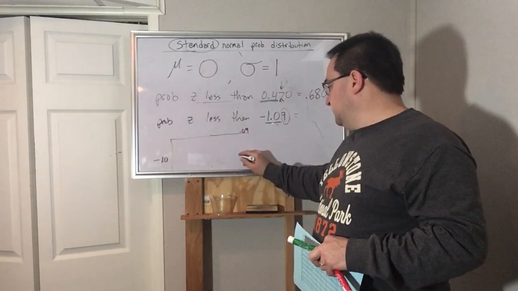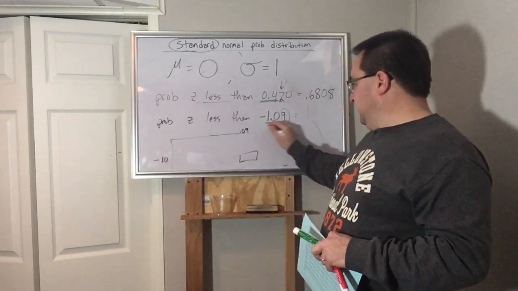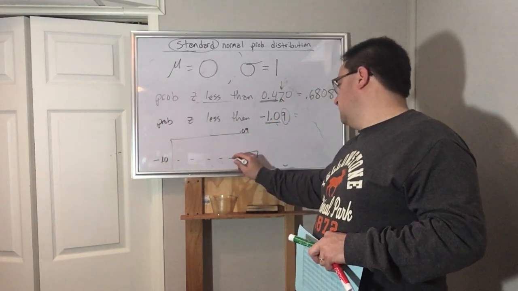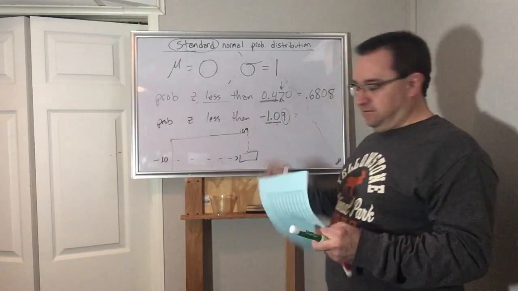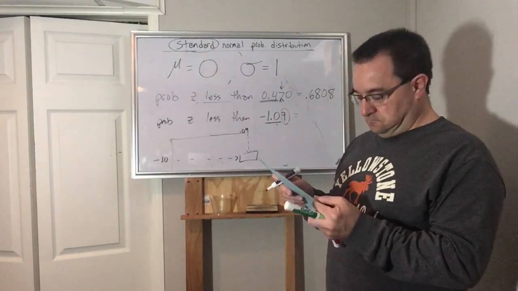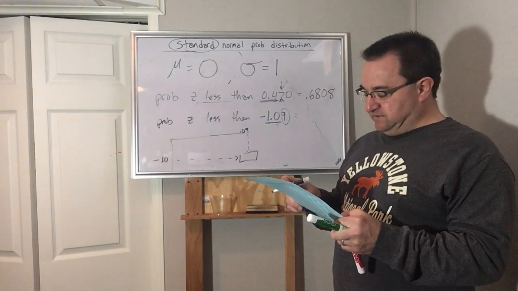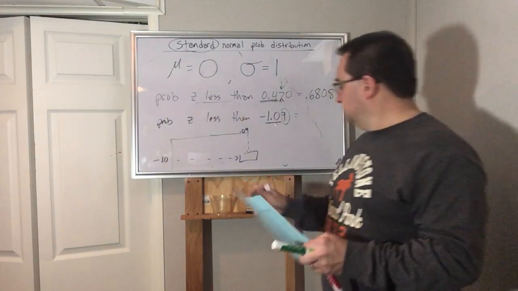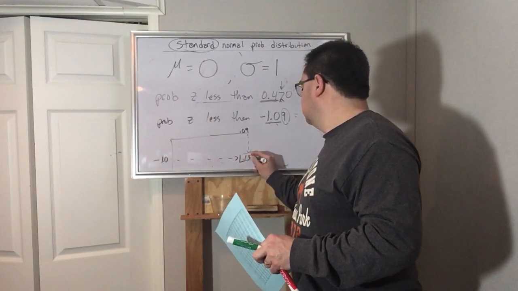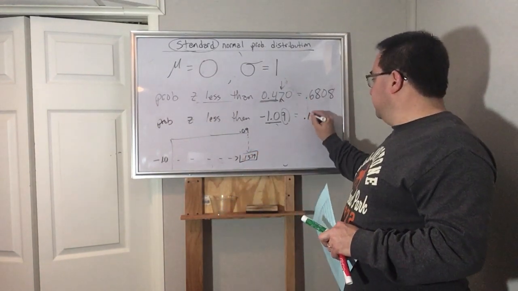And so whatever's in that slot, negative 1.0 under the 0.09, I see 0.1379. So that would be my value.